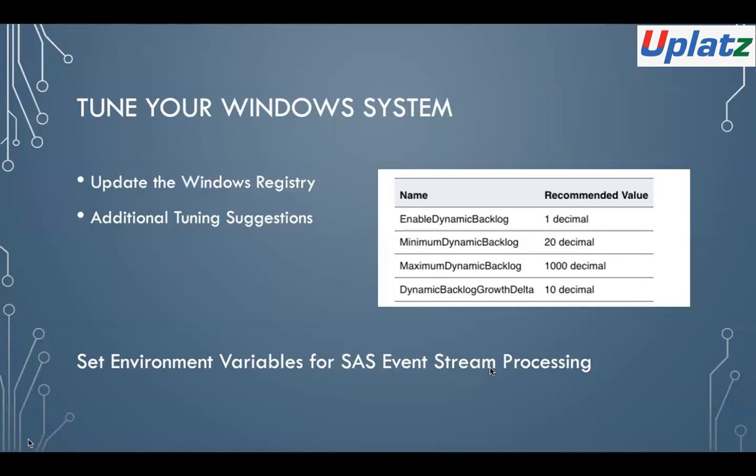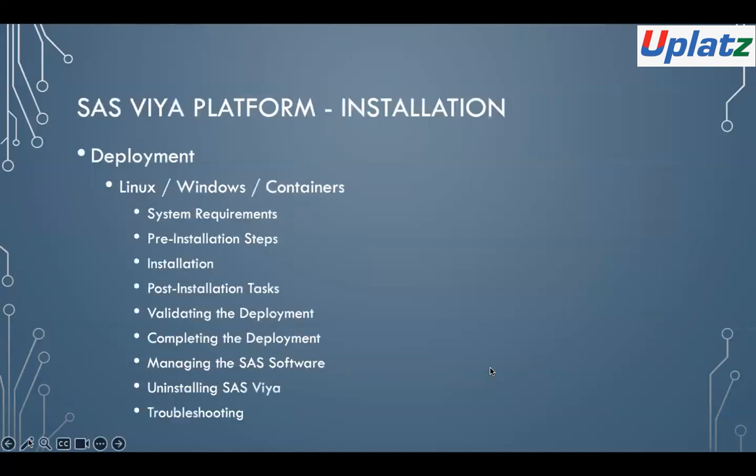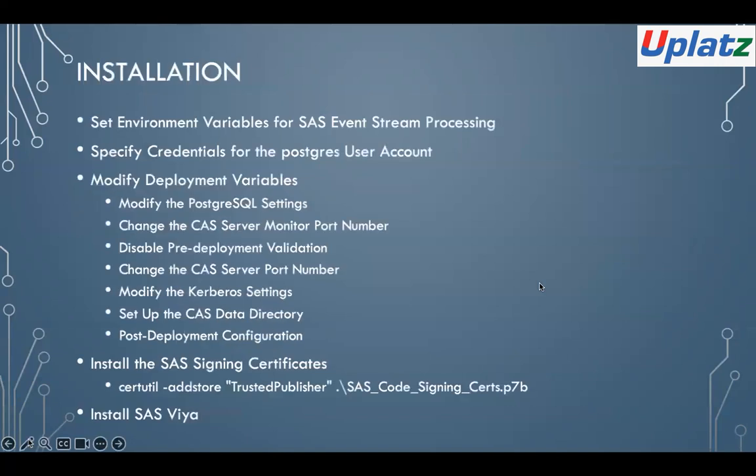This completes the pre-installation task, and let me move on to installing the SAS Viya platform. Right. So when we move to installation, there are certain tasks that we need to perform or verify.